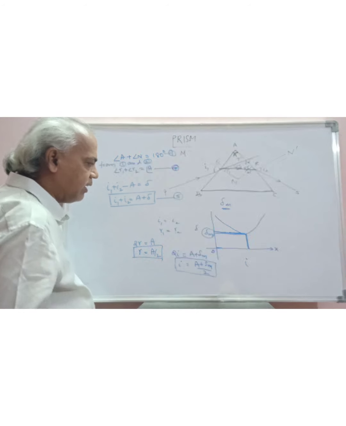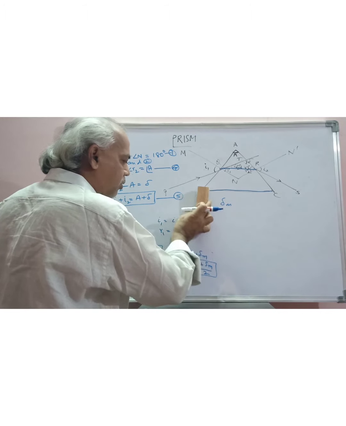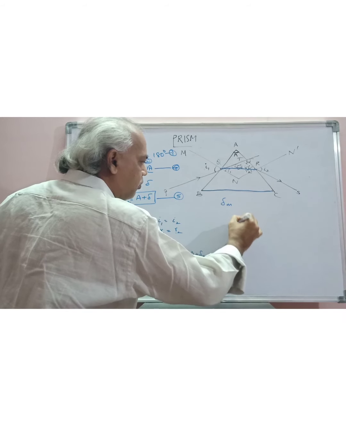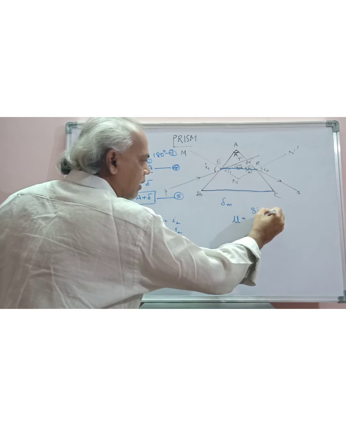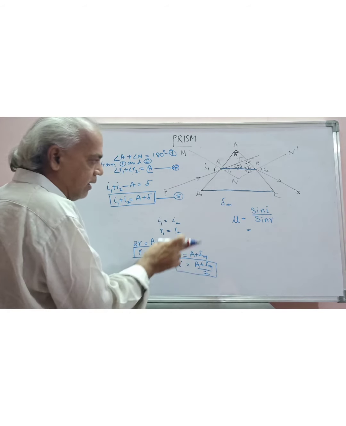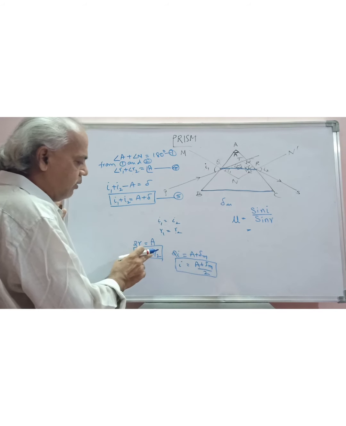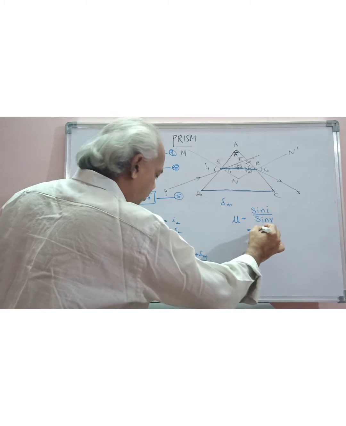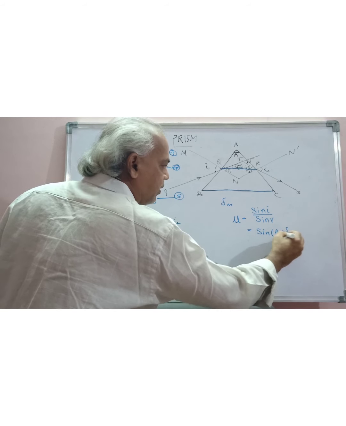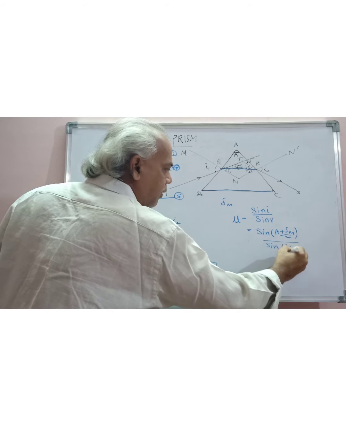Already we know Snell's law, that is the refractive index μ is equal to sin I by sin R. What is the sin I value? The angle of incidence I is (A plus δm) by 2 and R is A by 2. So, sin of (A plus δm) by 2 divided by sin of A by 2. The refractive index of the prism material with respect to air is μ is equal to sin of (A plus δm) by 2 divided by sin of A by 2.